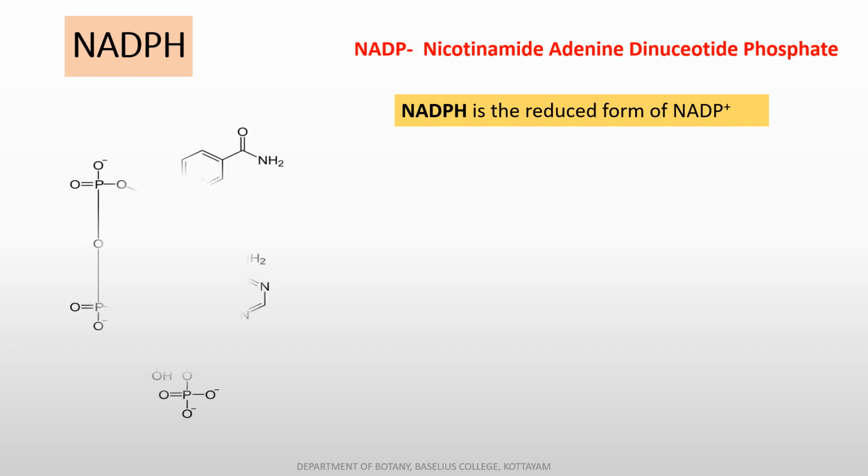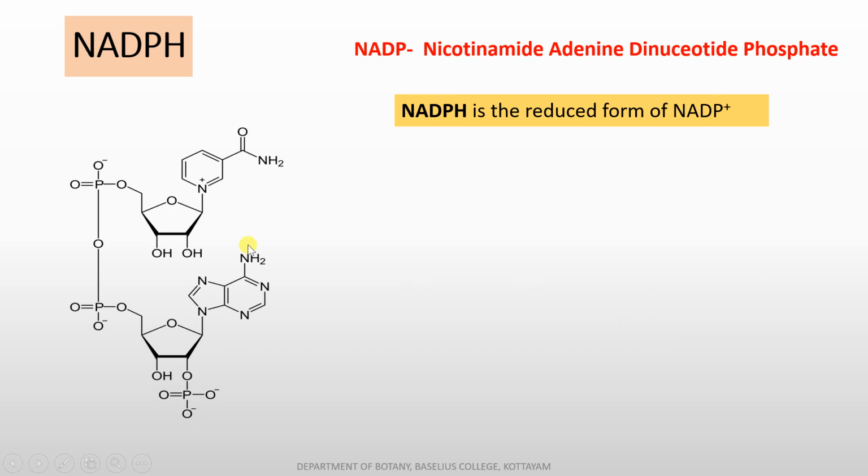Let's have a look into the structure of NADP plus. It's a dinucleotide, one with adenine and the other one with nicotinamide.